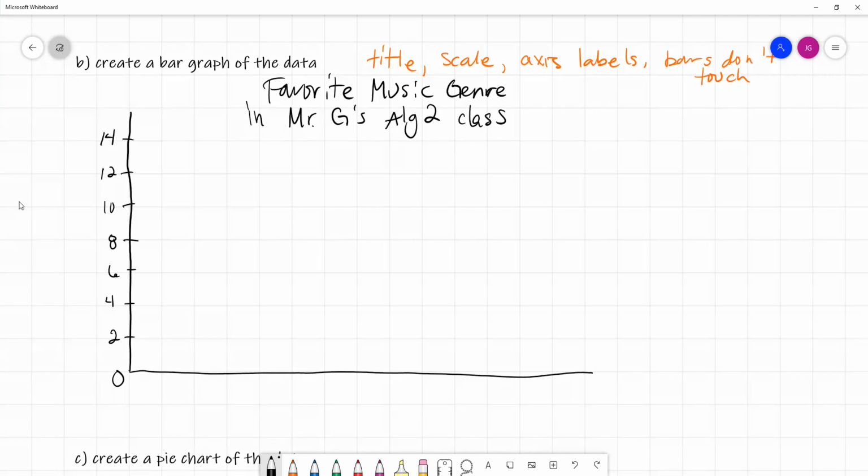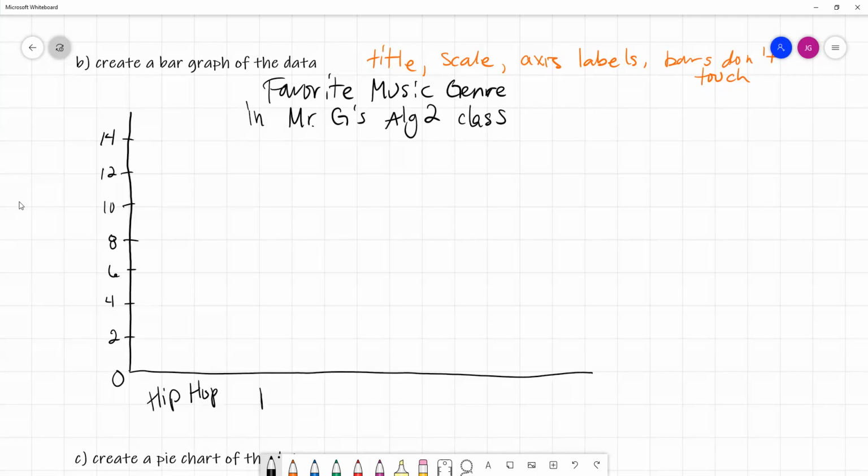Okay. And then I want to label my horizontal axis. You're going to have 2 different labels on the horizontal axis. You're going to label each of the bars that are going to show up. And then you want to give an overall label for what each of those categories are. Okay. So I'm going to start by writing the genres because that's what I have down here, hip hop.